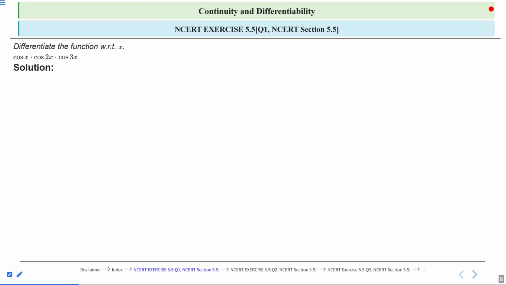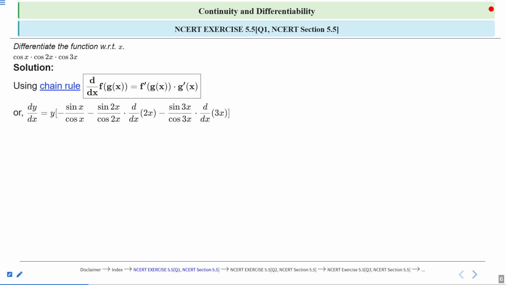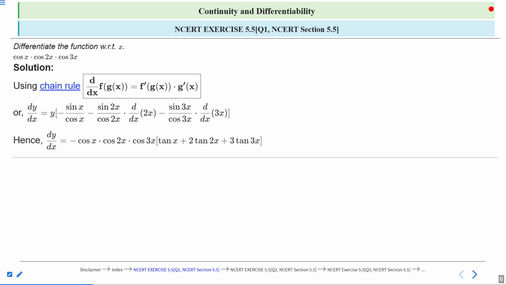Clear? Now using chain rule, which is of the form d upon dx of f of g(x) will be equal to f dash g(x) into g dash x, right? Or dy by dx will be equal to y times minus sin x upon cos x minus sin 2x upon cos 2x into d upon dx of 2x minus sin 3x upon cos 3x into d upon dx of 3x, right?